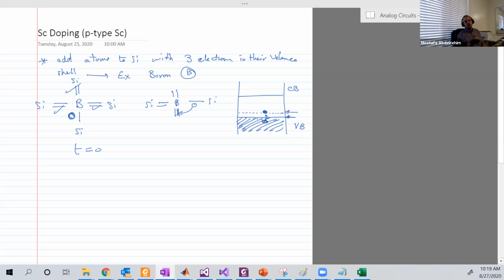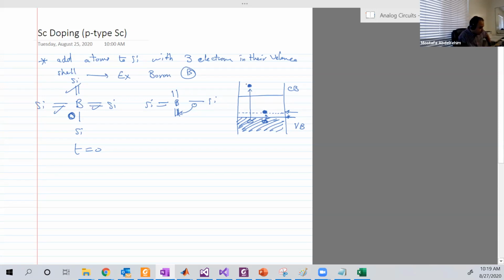And this hole, of course, can contribute to the current. Okay? So holes now have two sources as well. The first source is electrons that move from the valence band to the newly created orbital, and also the original one, which is electrons moving from the valence band to the conduction band.